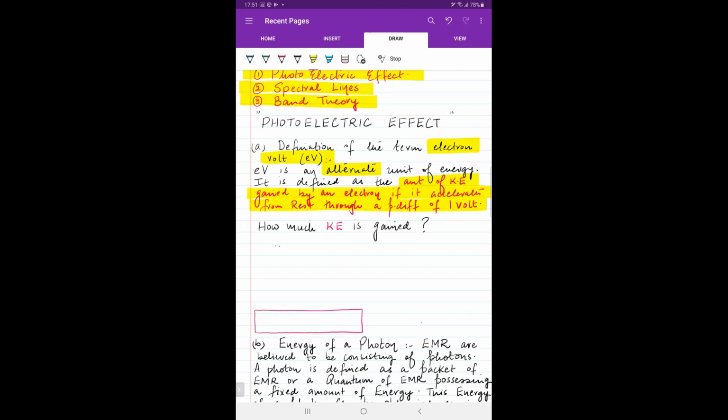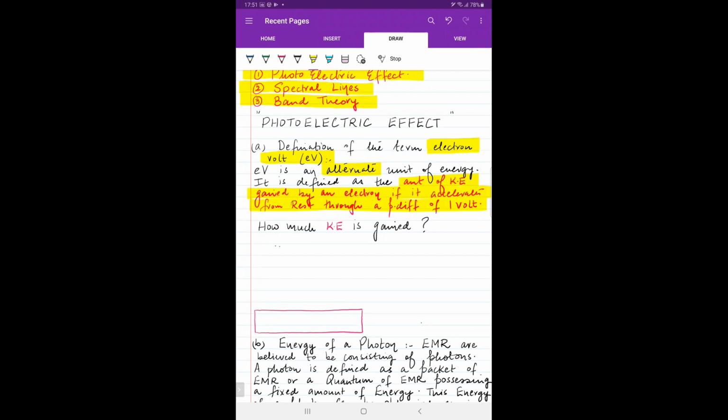So basically, think of an electron which starts from rest. If this electron were to accelerate through a potential difference of 1 volt, then whatever kinetic energy this electron is going to acquire, we refer to that kinetic energy by the term 1 electron volt.